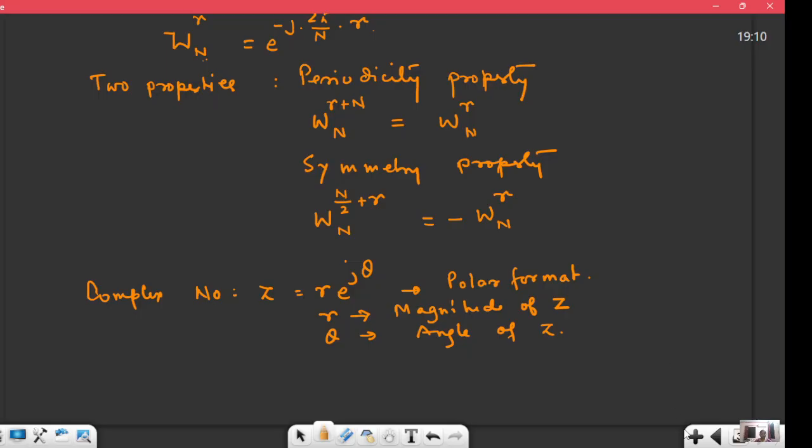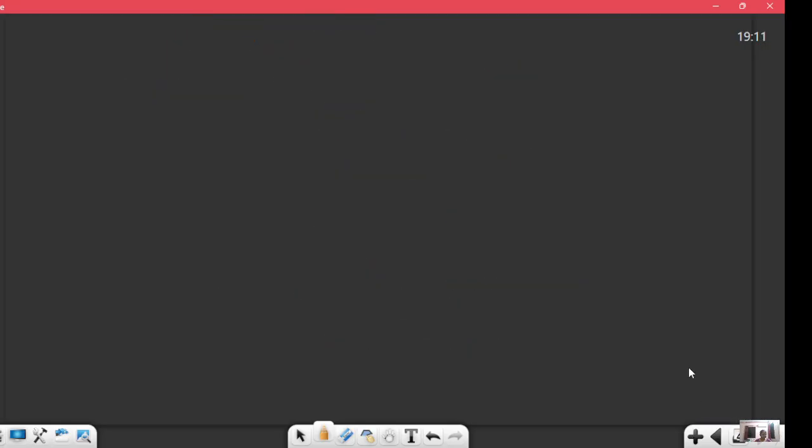What is that? Let us take W4^0. What is the expression? e to the power minus j 2 pi by 4 into 0 is equal to 1.